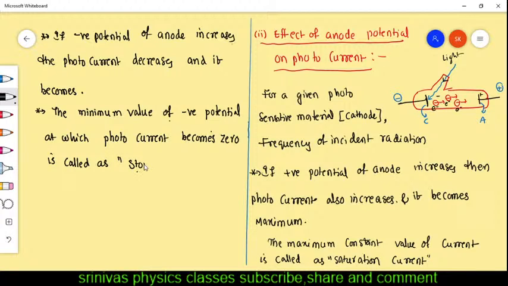What is it called? Stopping potential. This definition is very important.